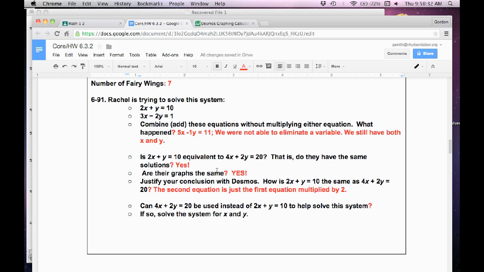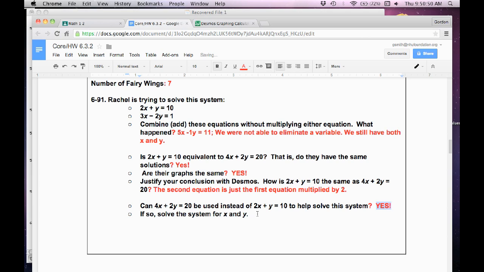When you multiply an entire equation, it doesn't change the value. It graphs exactly the same. So can we use 4x plus 2y equals 20 instead of 2x plus y equals 10? Yes. Why? Because they have the same meaning.